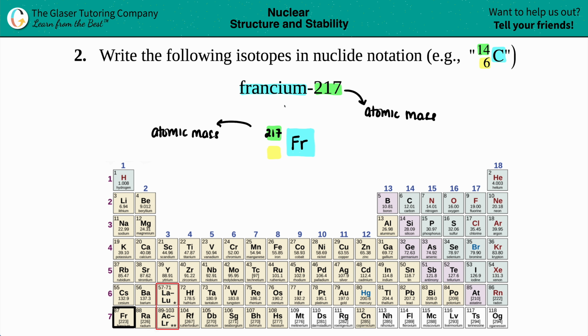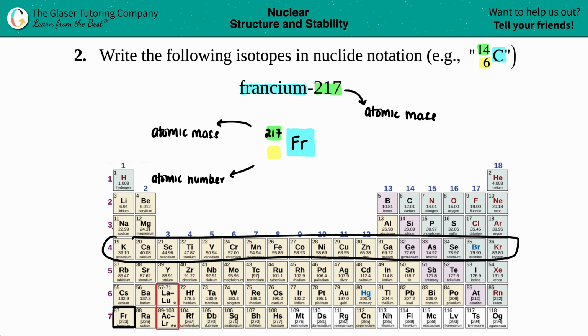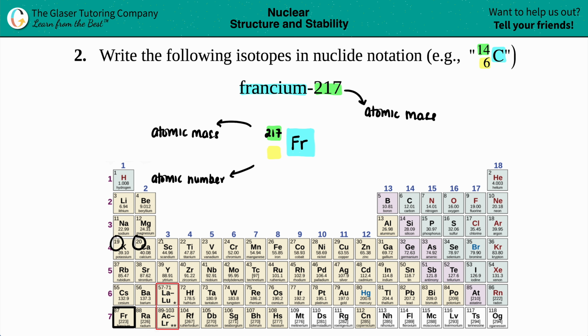Okay, now the question is, what is this smaller number going to be, right? In the example that they gave us, they gave us 6 for the carbon. Well, just know that the bottom number is always the atomic number. And for any element, its atomic number doesn't change. So if we look across period 4, all these whole numbers are the atomic numbers, and they go up by 1.